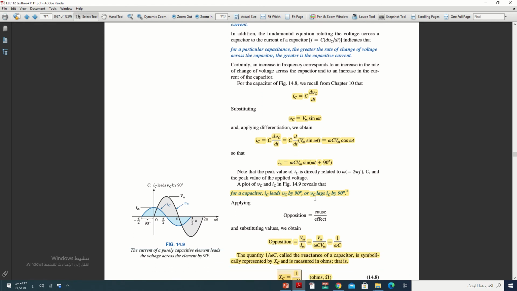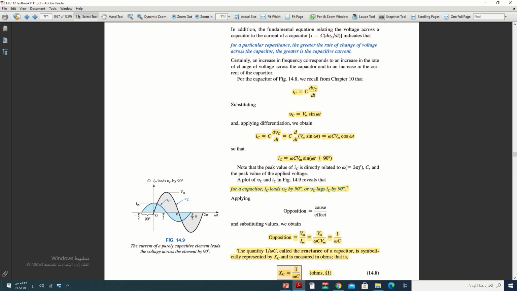If we draw the voltage, it starts from 0 in this example, and the current is shifted by 90 degrees. It is plus 90, which means it starts from the maximum. Now we can say the current reaches the zero before the voltage reaches the zero.